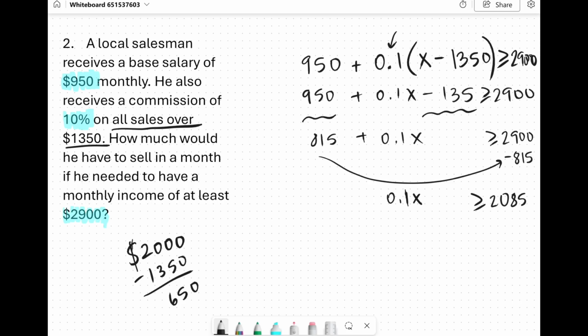And now I need to divide both sides by 0.1 to finally get my x by itself. This means the salesman needs to sell at least $20,850 in order to make $2,900 or more.